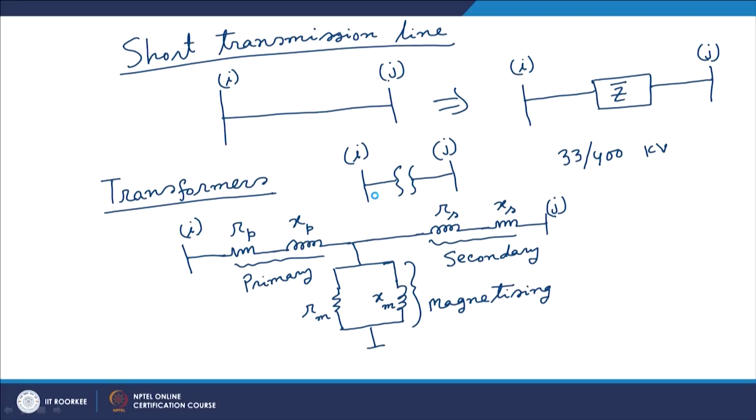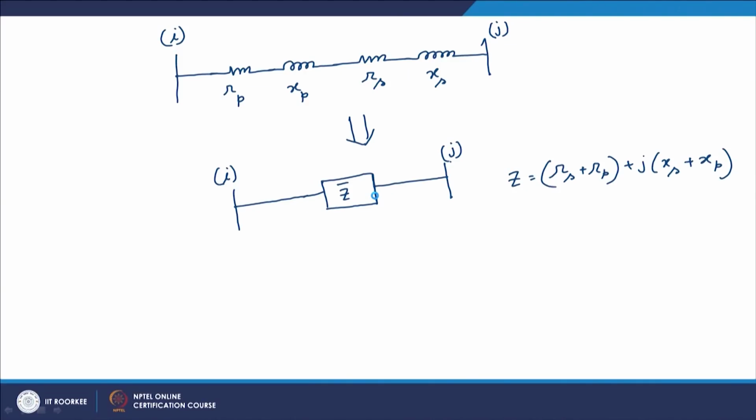We must note one thing, that when we are drawing this equivalent circuit of the transformer, we are drawing them in per unit, and also we are drawing this circuit either reflected at the primary side or reflected at the secondary side. However, all these things are already covered in the very basic power system course, so we are not really going into the details of this. Here we again note that Rs, Rp, Xs, Xp are all per unit quantities.